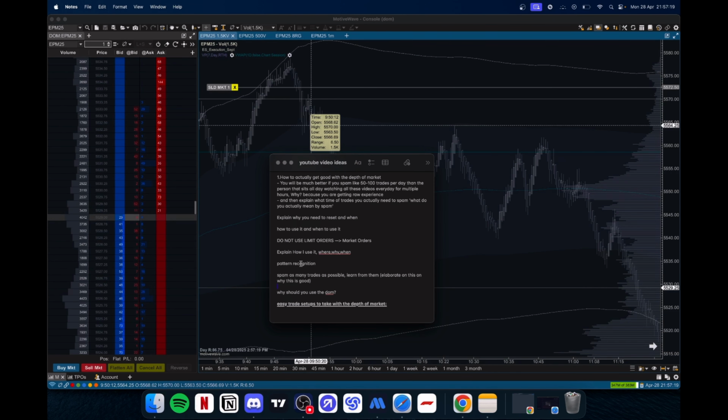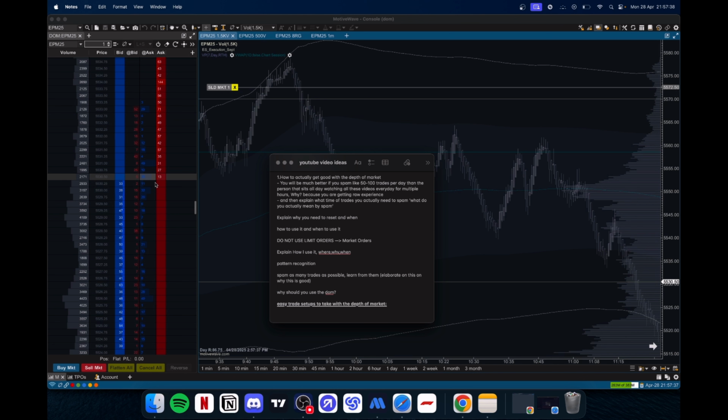Pattern recognition, right? Now, this is important. What I mean by pattern recognition is looking at the DOM and recognizing a pattern when you're trading, man. And once you achieve a level of finding a pattern that you can trade, that's when you're going to get significantly better, man.